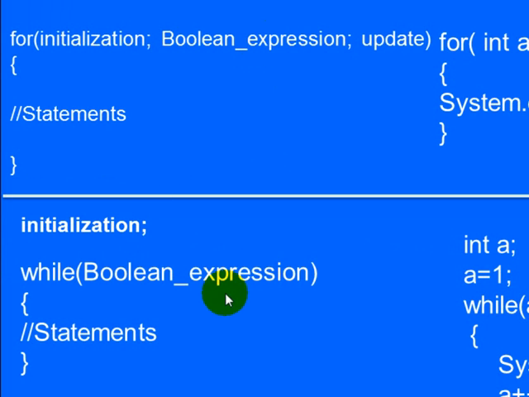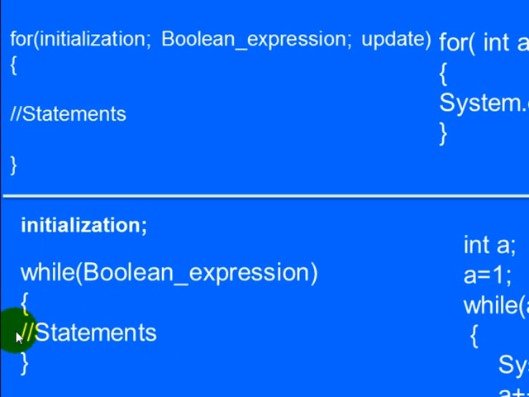The Boolean expression is given here along with the while condition. The statements that need to be executed again and again are given here within the body of the while loop.